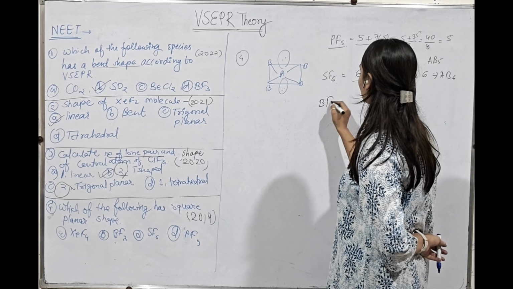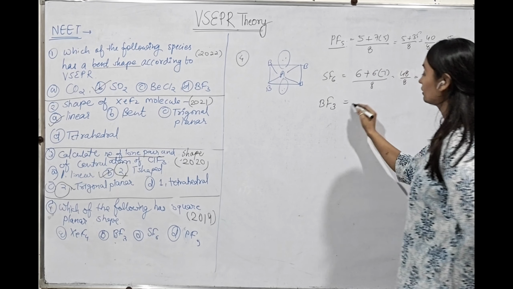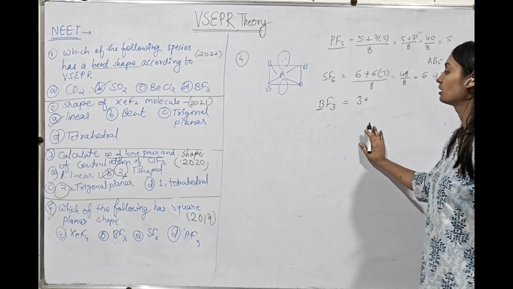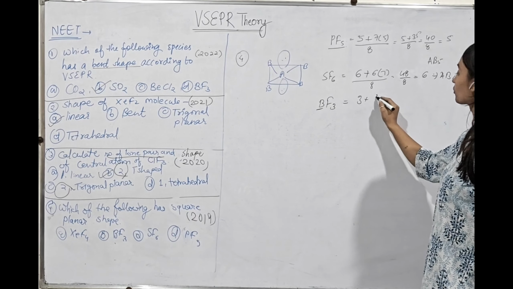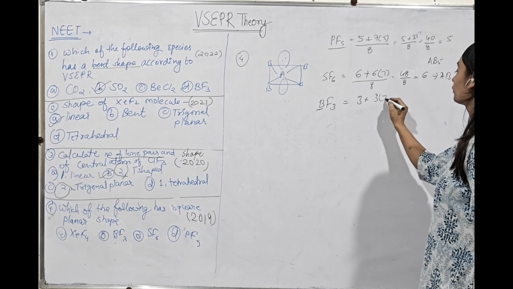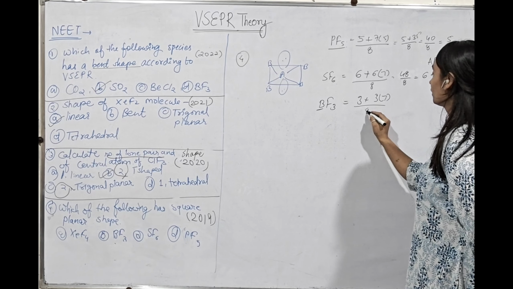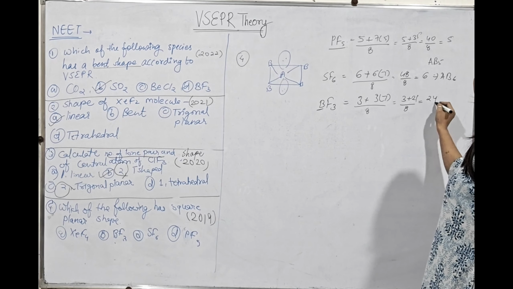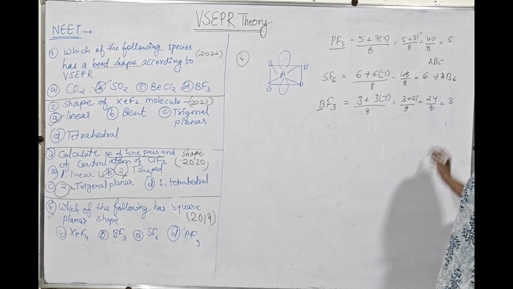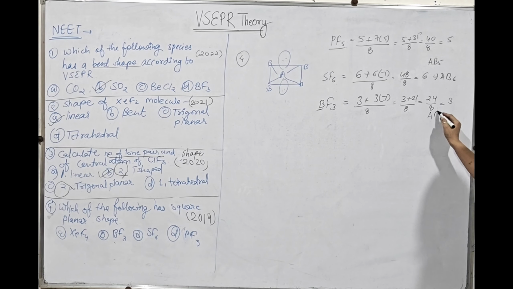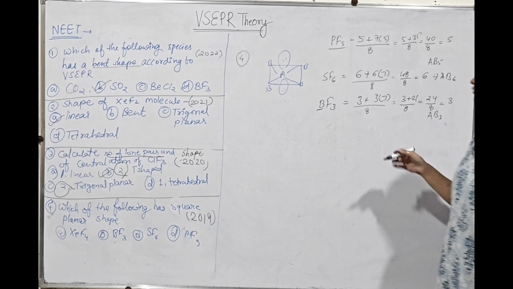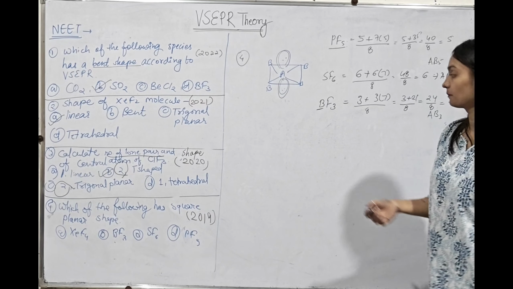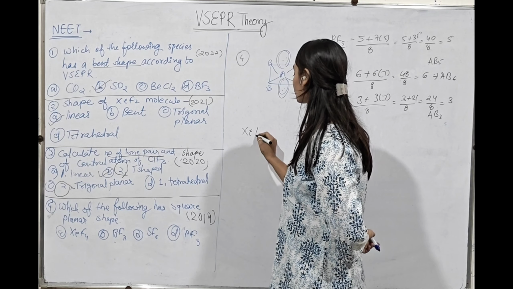For BF3, boron has 3 valence electrons and fluorine has 7. 3 plus 21 upon 8 is going to give us 24 by 8. That means it's going to give us 3. So AB3 type it is. But we want two lone pairs over here, right? For square planar.